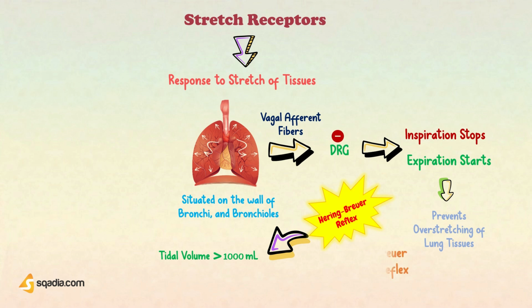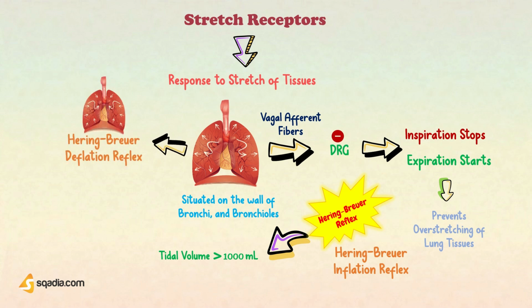Well, this was actually the Hering-Breuer inflation reflex, since it restricts the inspiration and limits the overstretching of lung tissues. Reverse of this reflex is called Hering-Breuer deflation reflex, and it takes place during expiration. During expiration, as the stretching of lungs is absent, deflation occurs.